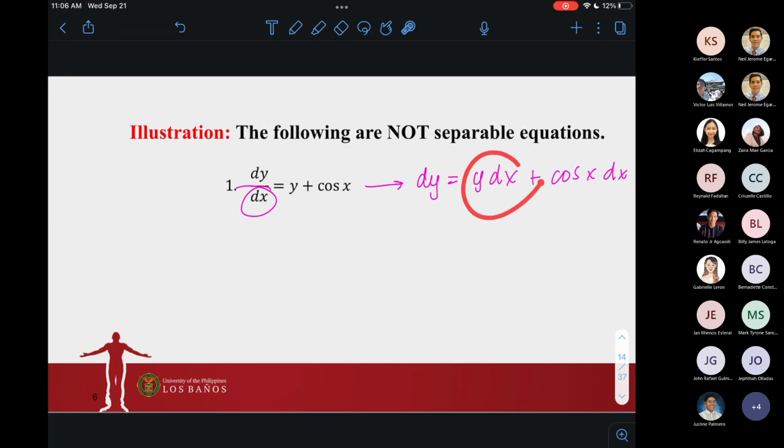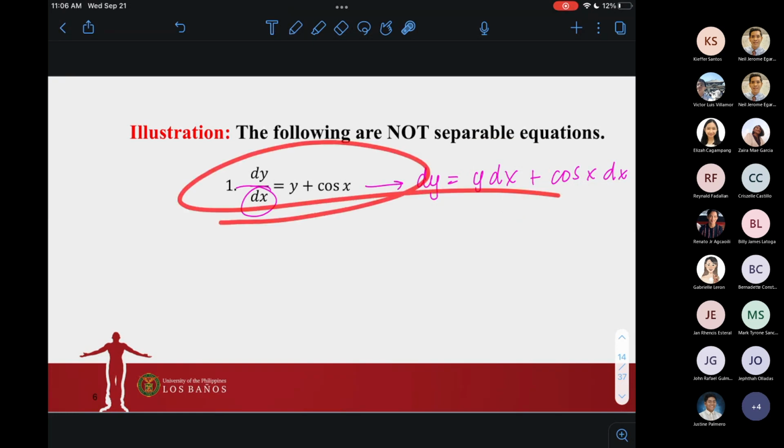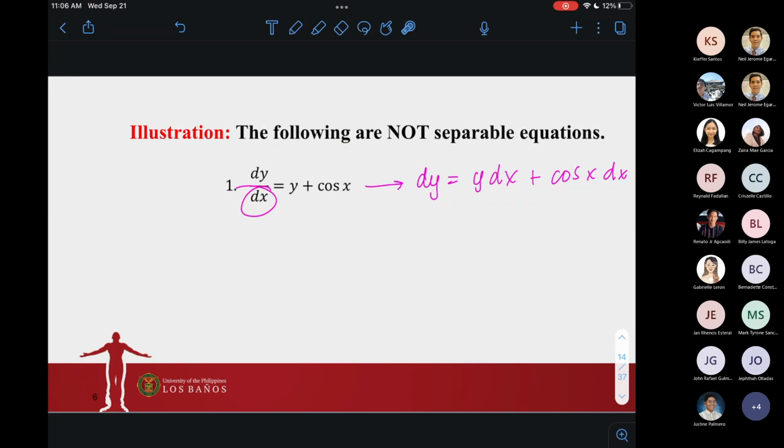Kasi meron kang y times dx, hindi natin ito mapaghihiwalay in the presence of a plus sign. Okay? So that means this is not separable. So the method that we will discuss in this set of slides will not be applicable to this guy. So you need to look for another method para ma-solve ito. Kasi hindi siya separable, hindi mag-work yung integration of both sides na gagawin natin for the previous examples.